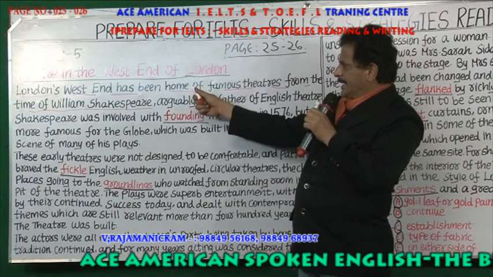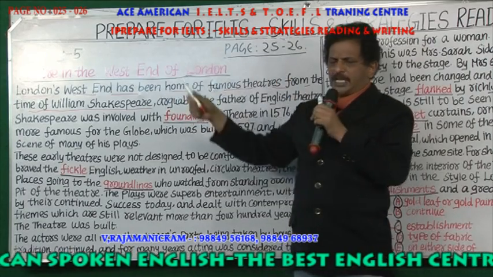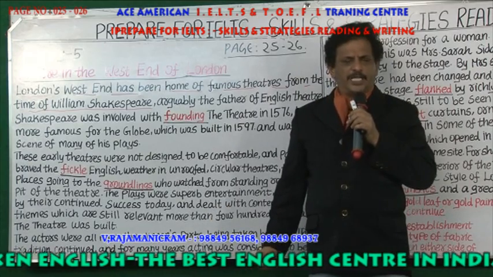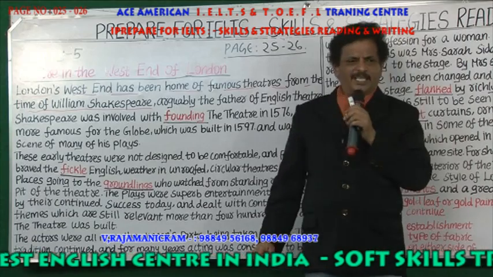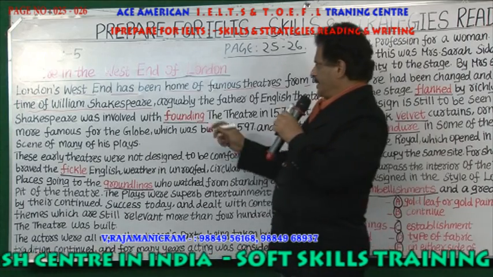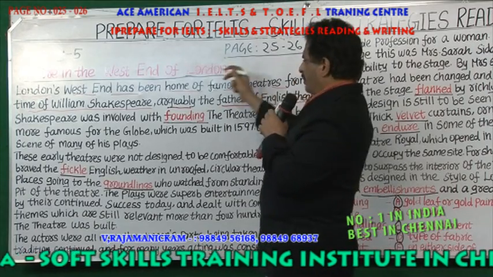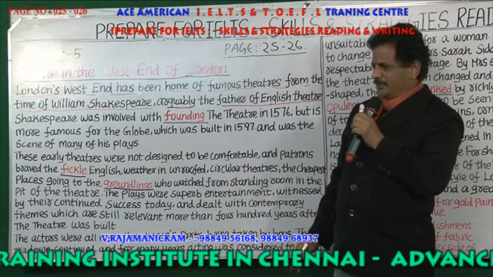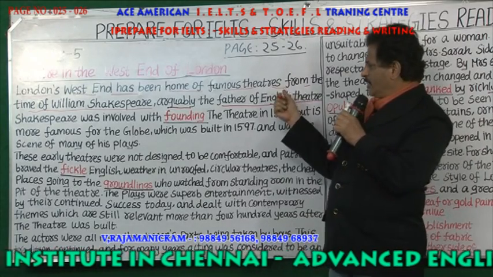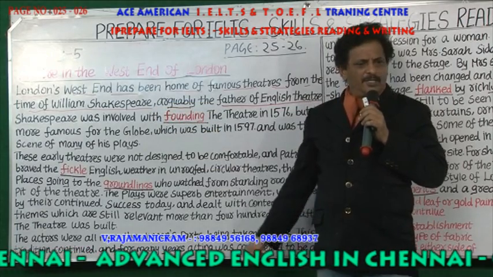From the time of William Shakespeare, London's West End has been very famous for what? Theatres, dramas. Arguably, the father of English theatre. Who is the father of English theatre? William Shakespeare. Father of the Indian nation is Mahatma Gandhi, but father of English theatre and dramas in the world is William Shakespeare.